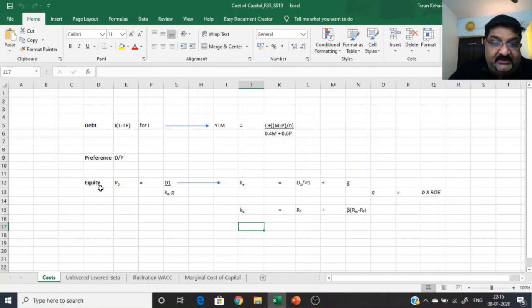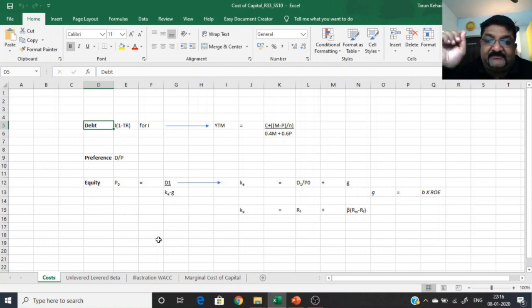Now there are three different types of sources of funds which we'll be looking at: debt, preference, and equity. What I have done is I have told you how to estimate the cost for each component. So when we talk of debt, effectively when we are calculating WACC, we take the post-tax cost of debt, because let's say a $100 face value bond has an annual coupon of 8%.